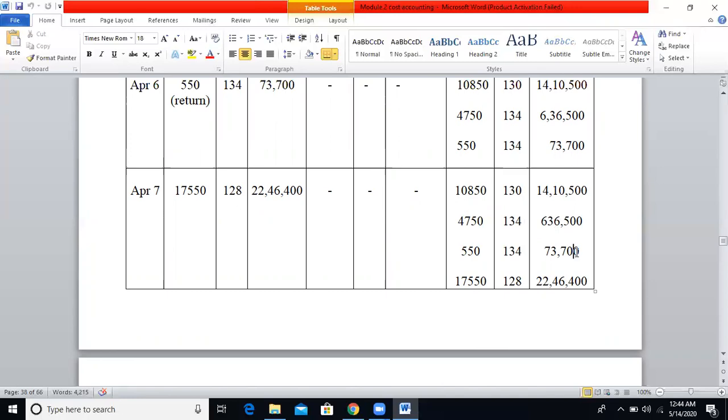The total value will be 73,700, and the new purchase we have made, that is 17,550 at the rate of 128, total 22,46,400. See, you have to show the remaining balances until the balance in each unit is completely issued or completely exhausted. Till then you have to show the balances in the balance column.